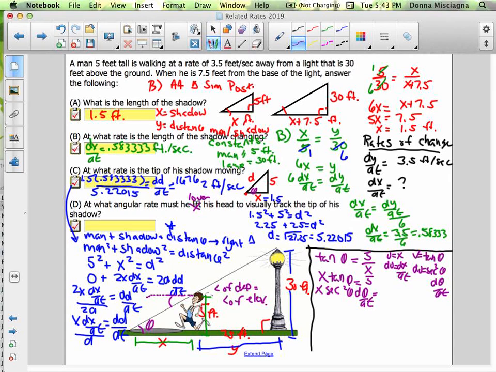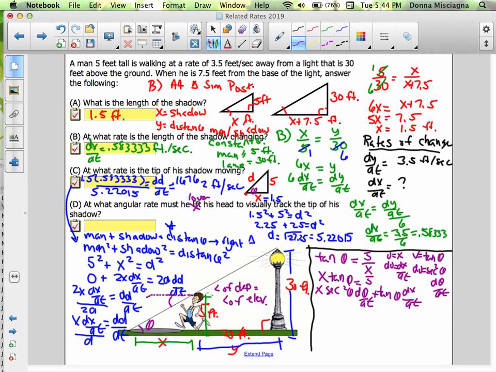And then plus the second, which is tangent theta times the derivative of the first. So we have tangent theta, and then the derivative of x is dx dt.